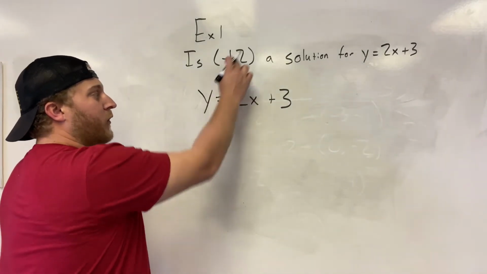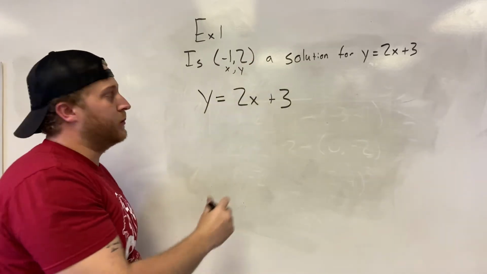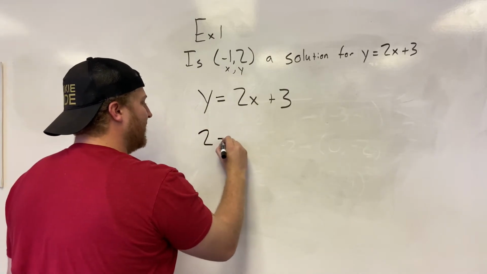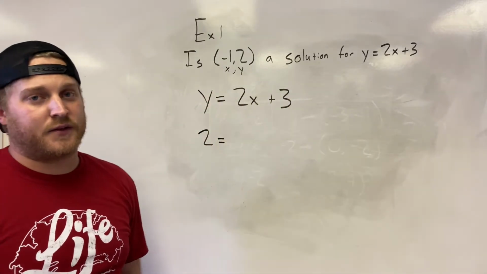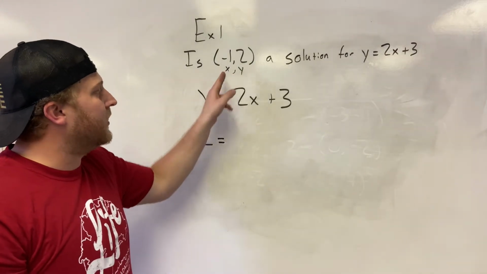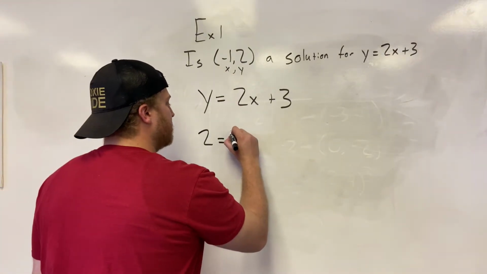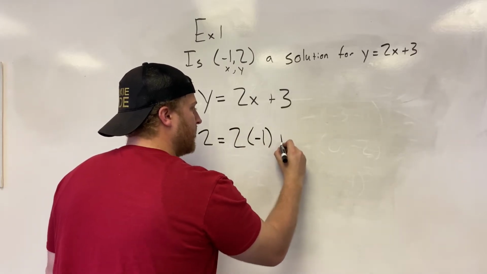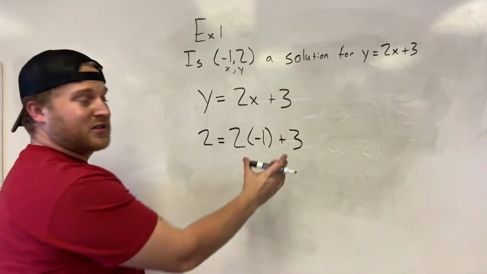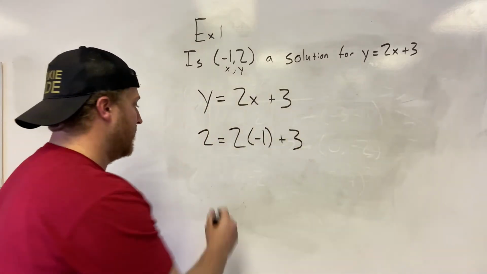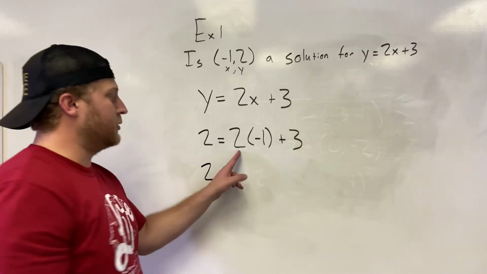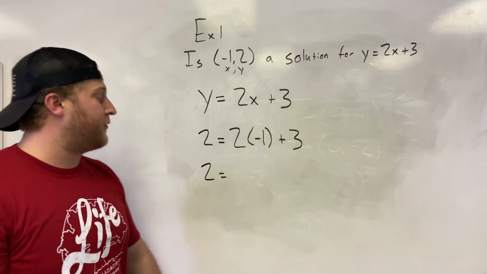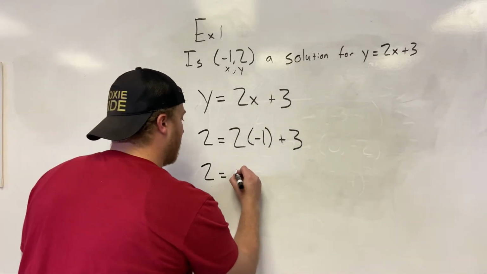For this problem, y is going to equal 2 because 2 is our second coordinate, our y coordinate. So we put 2 equals, and then we fill out the rest of this equation using -1 for x: 2 equals 2 times -1 plus 3. Now we're going to solve the right side of this equation. 2 times -1 would be -2, and -2 plus 3 is +1.